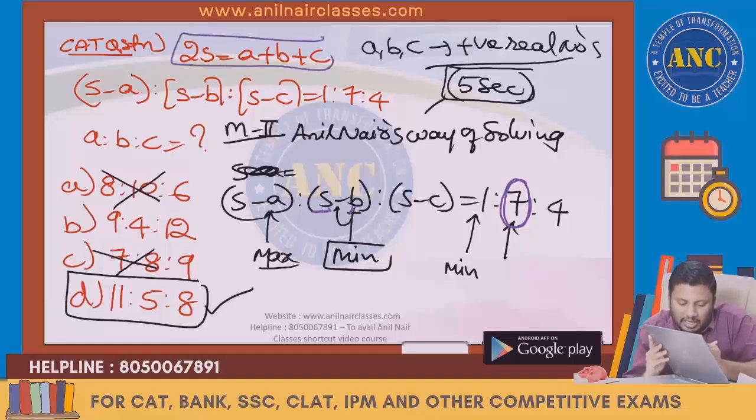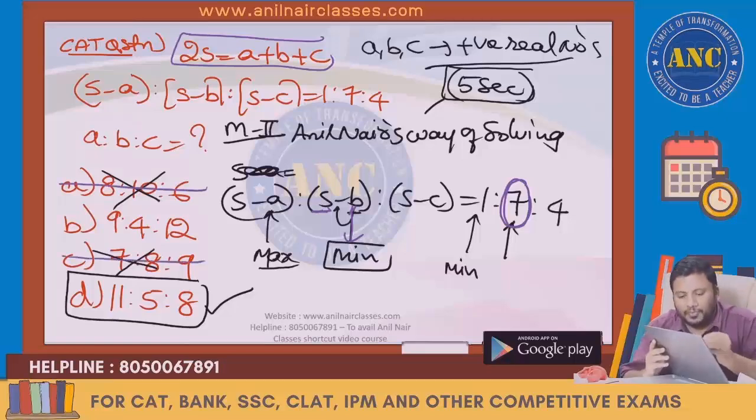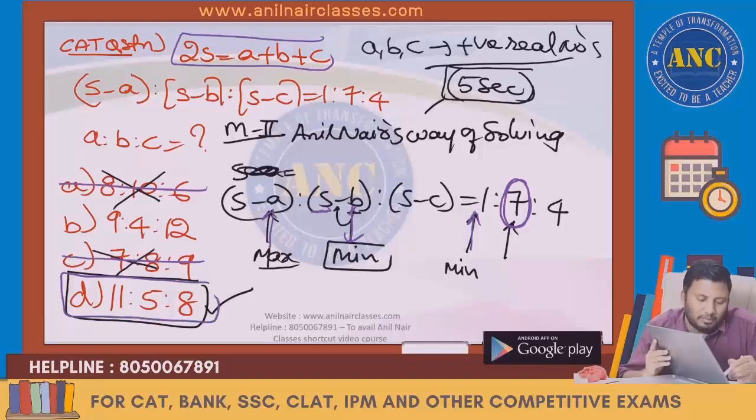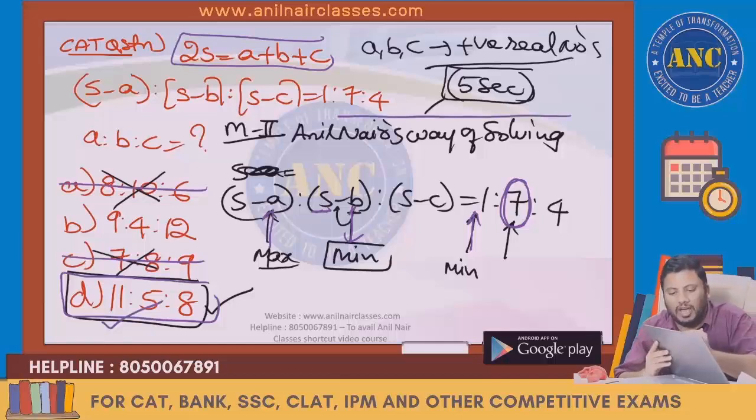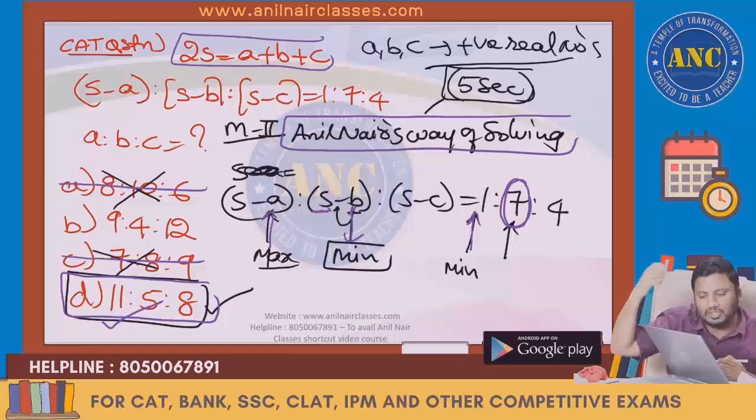B has got a negative sign, so B should be minimum. S minus A is 1, 1 is minimum. A has got a negative sign, so A should be maximum. A maximum, B minimum. Answer is 11 is to 5 is to 8. Very, very logical way to solve this question. I hope the idea is very, very clear.